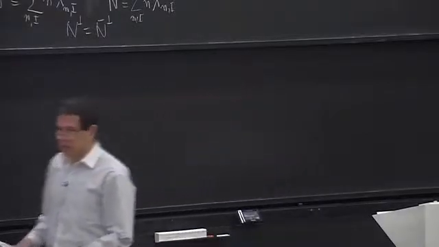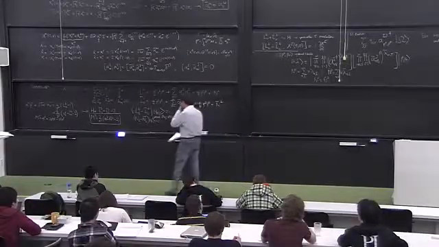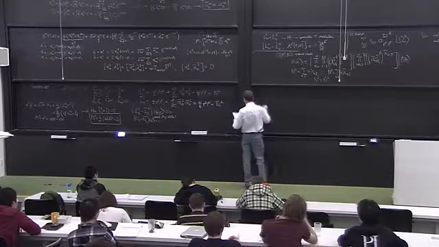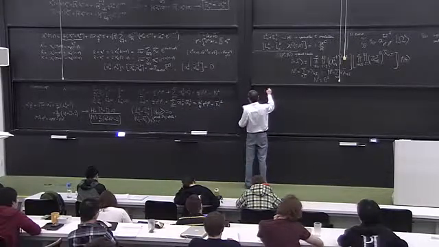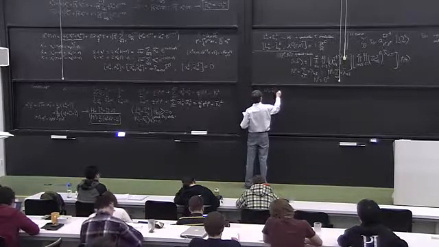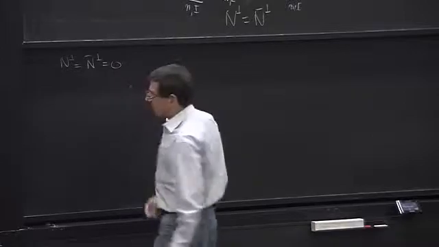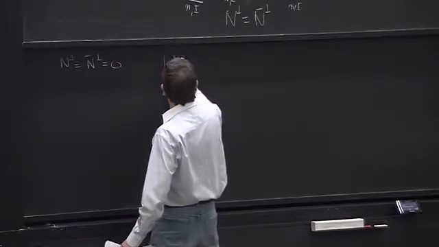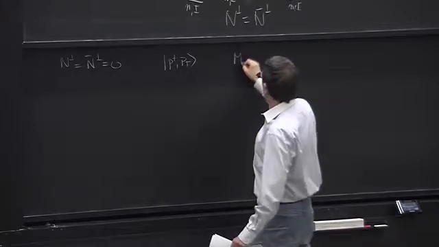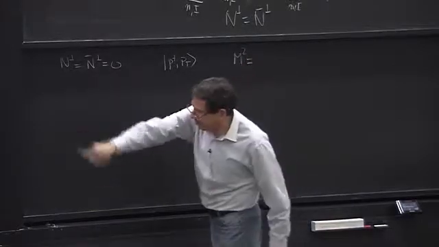Let's begin to build the states. Lowest states, n perp equals n bar perp equals 0. So it's just the ground states. How much is the m squared? Well, the formula is there to the left.